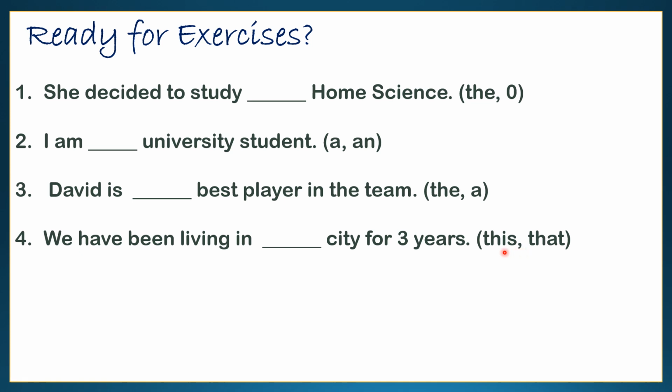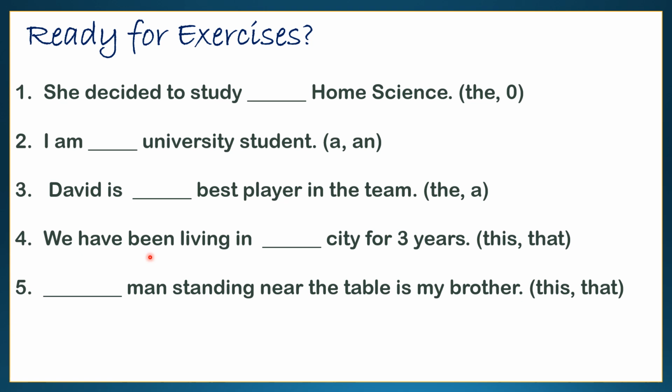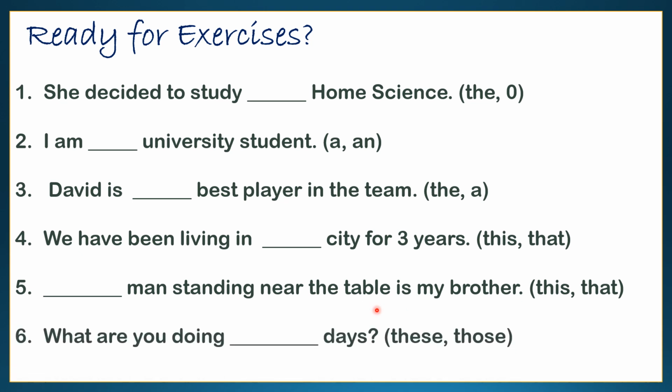According to the context of the sentence, we have to choose either of these. Last one, sorry, fifth one, dash man standing near the table is my brother. Choices are given this and that. The final example, what are you doing dash days? Choices are these and those.